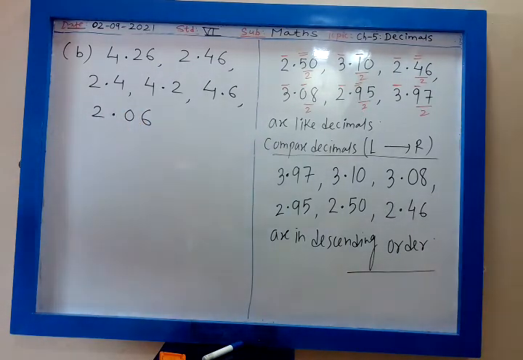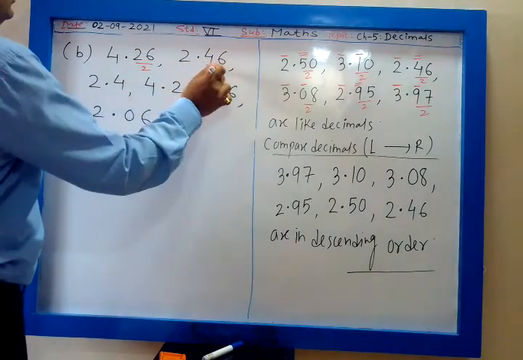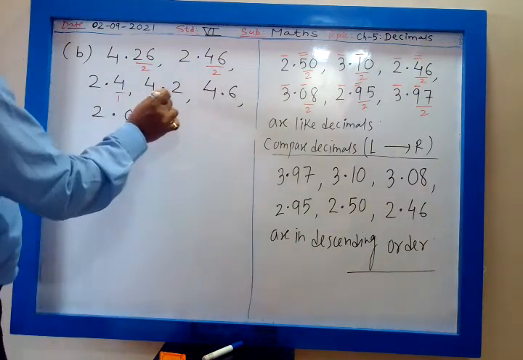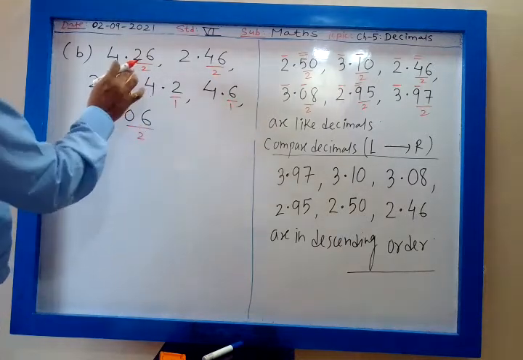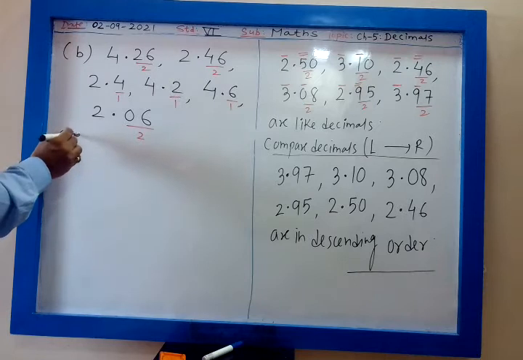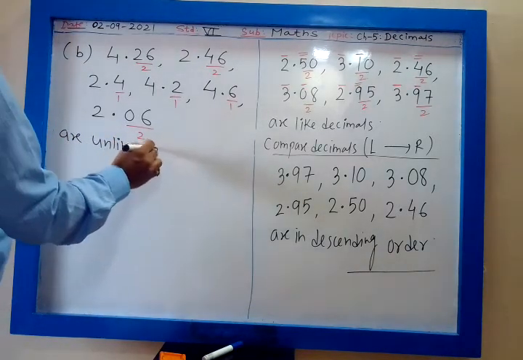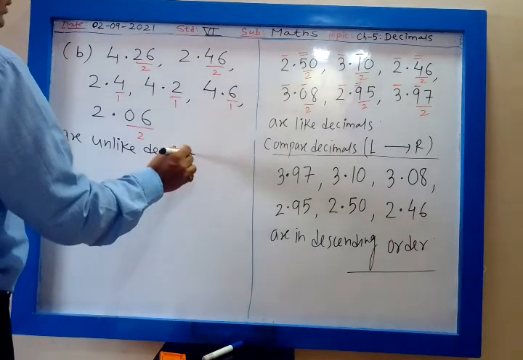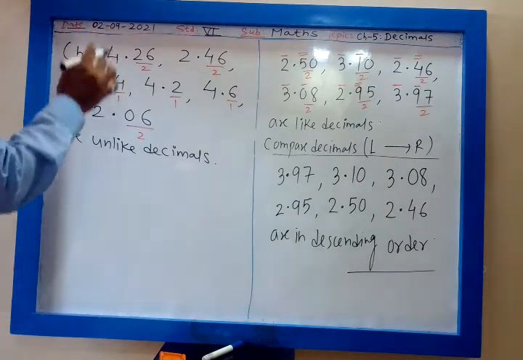Okay, let me do one more problem. First check whether they are like decimals. This is 2, this is 2, this is 1, this is 1, this is 1, this is 2. So they are unlike decimals. So first you convert them into like decimals. The maximum number of decimal places is 2.